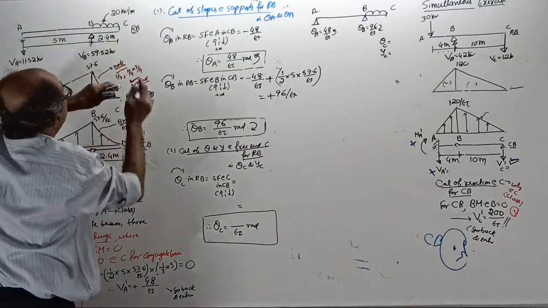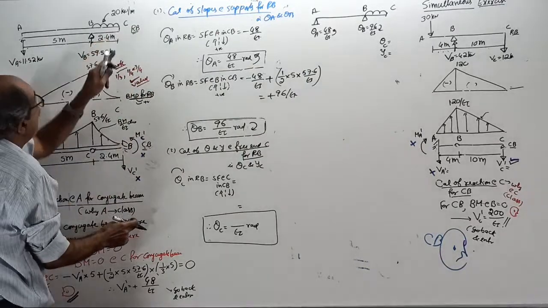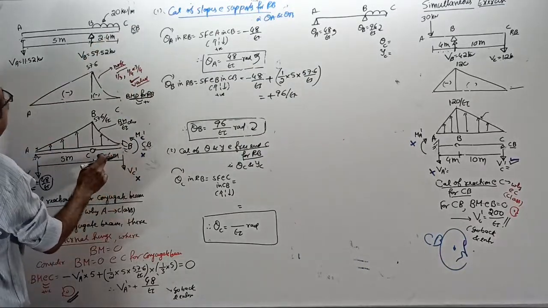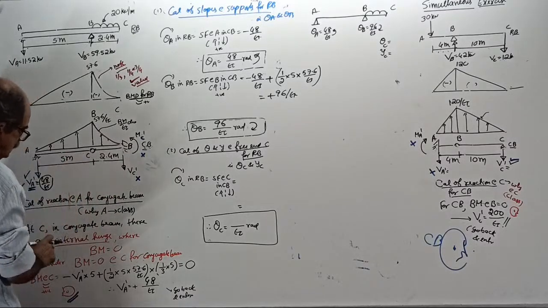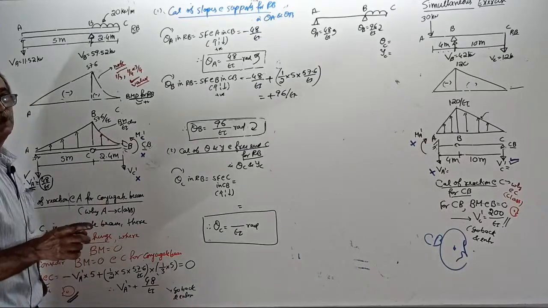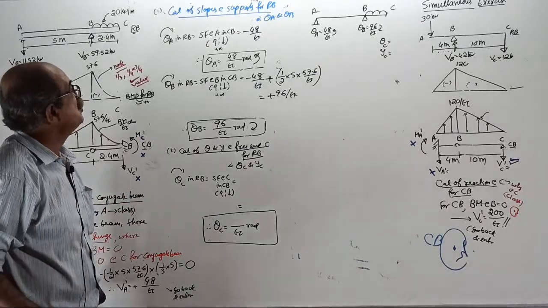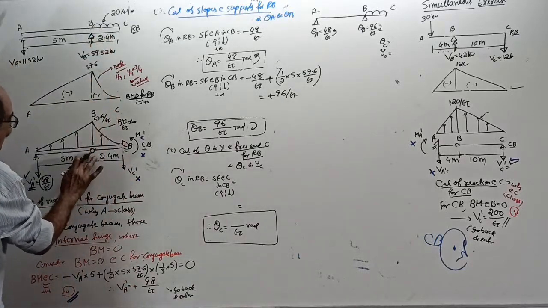Slope at C in the real beam equals the shear force at B. Oh, this is not B. Sorry, by mistake there is a confusion. I wrote C here.